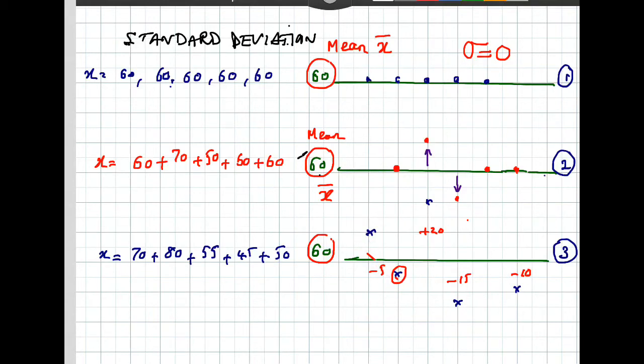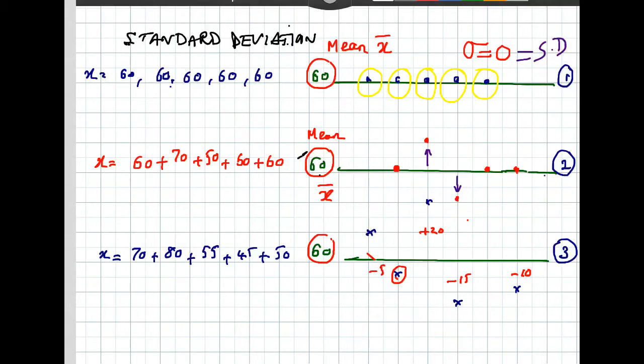What we like to do in statistics is to have some kind of measurement of this scattering. This is called standard deviation, and the symbol for that is sigma. The sigma refers to the standard deviation. The way to measure it is to add all the scattering and then divide it by however many observations.